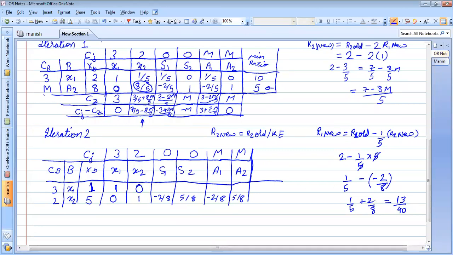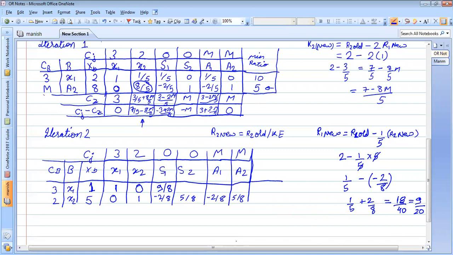Okay, 5 into 2 is 10. 10 plus 8 is 18. Correct, 18 by 40 or 9 by 20. So this is 9 by 20. Since I do not have a calculator with me, I am just doing it by my own.